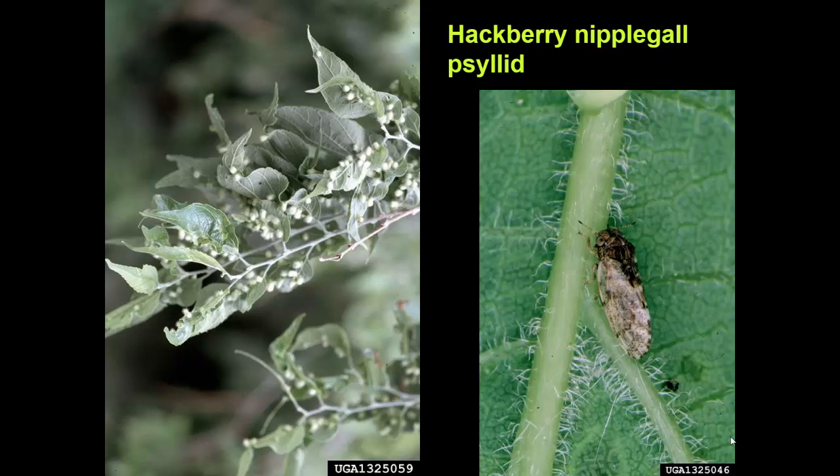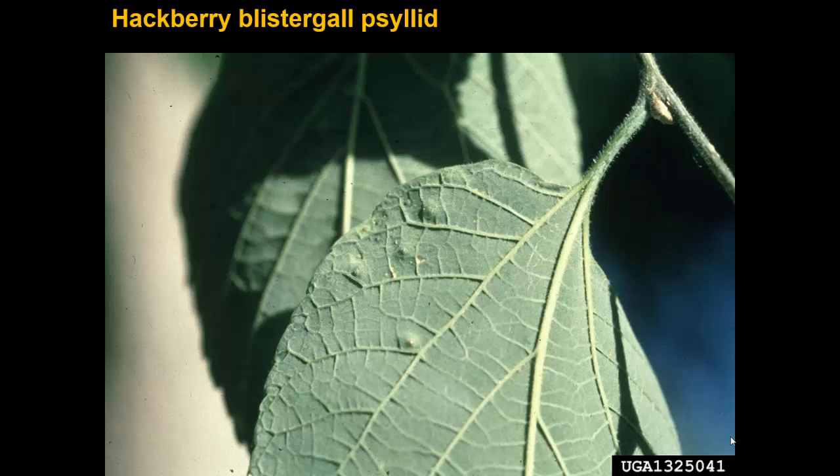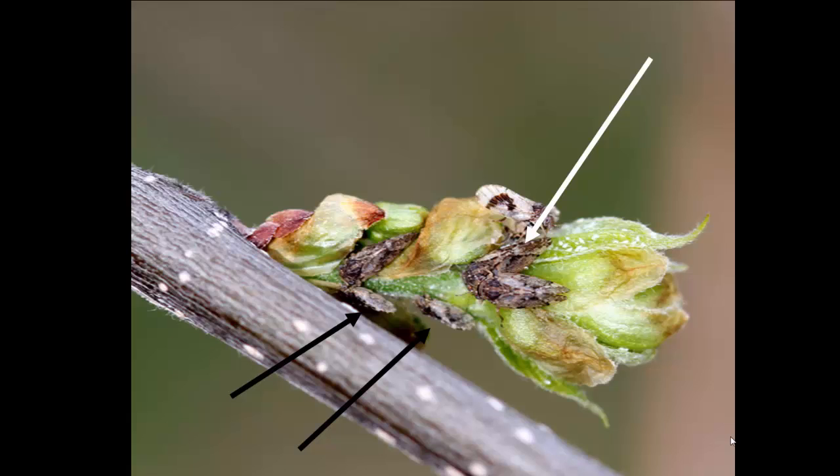The most common one is the hackberry nipple gall psyllid, which makes a very large, pronounced gall on the hackberry leaf. There is also one that is far more common, but far less commonly observed, called the hackberry blister gall psyllid, and all you see is just a little pimple on the leaf where this insect is developing.